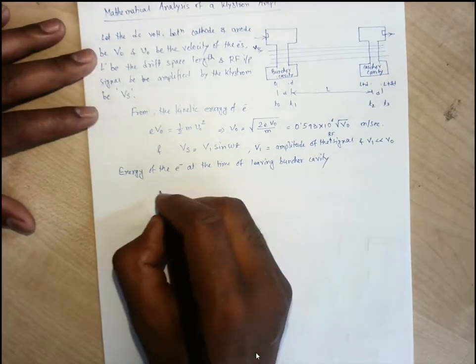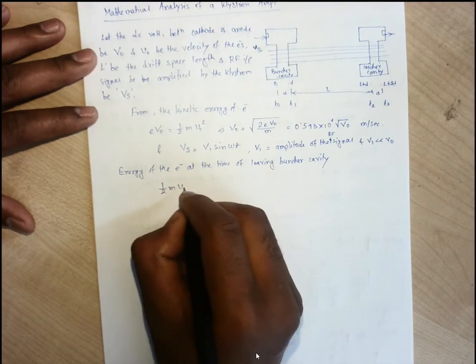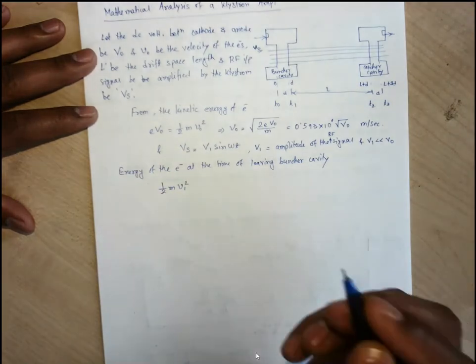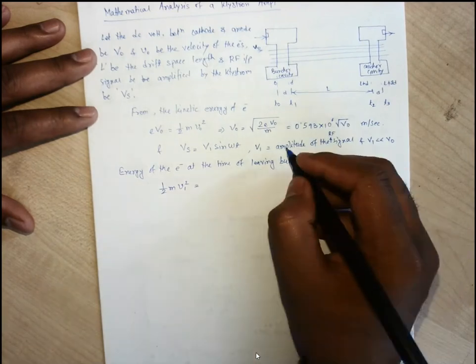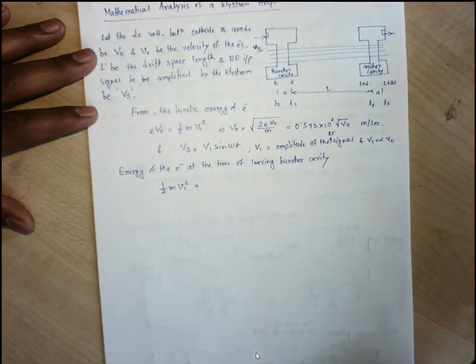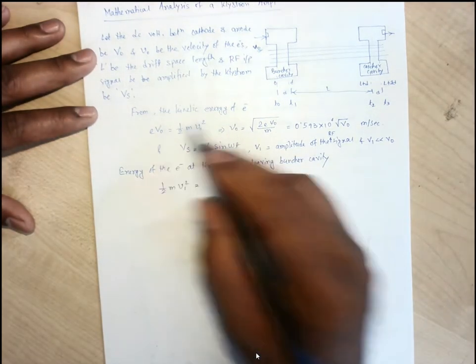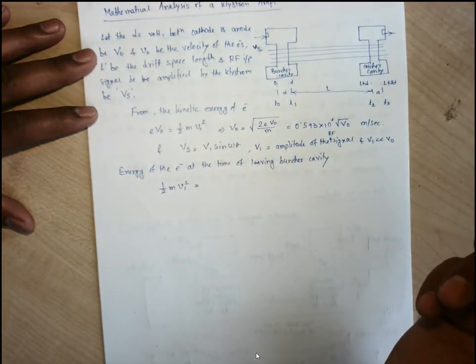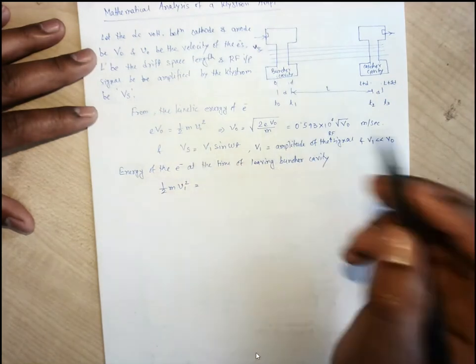So what can we write? Half m V1 square. It has the interaction with this RF input as well. Previously the energy was E into V naught. Now it will become E into Vs also.